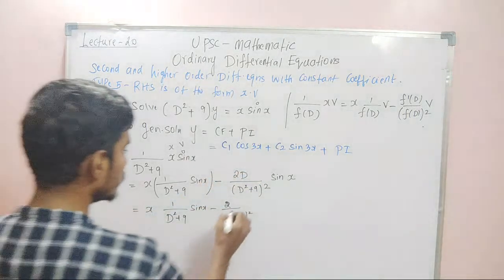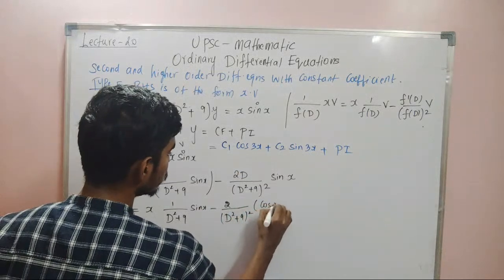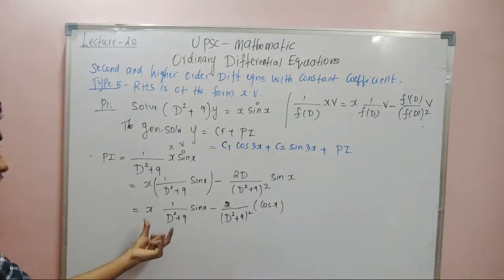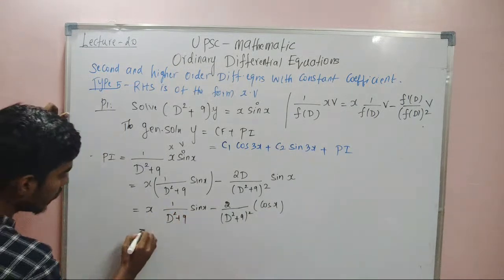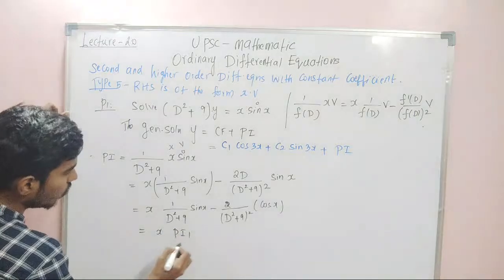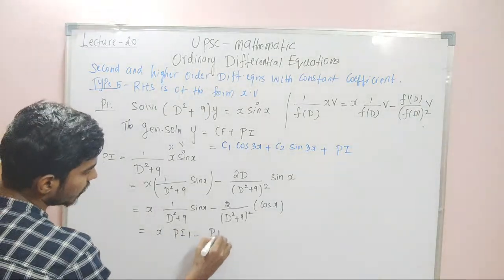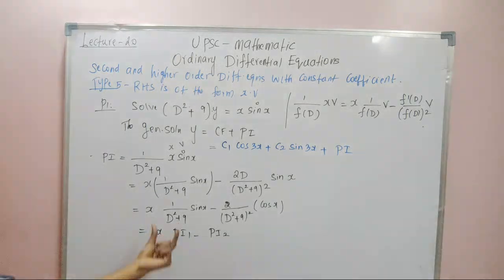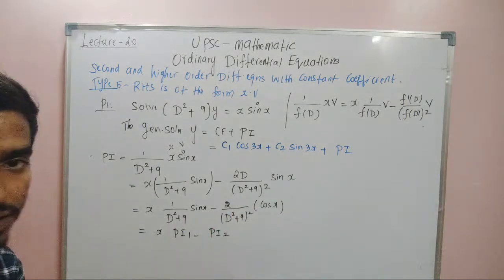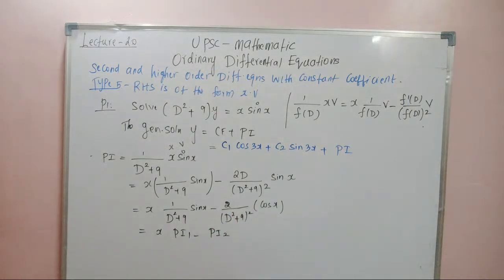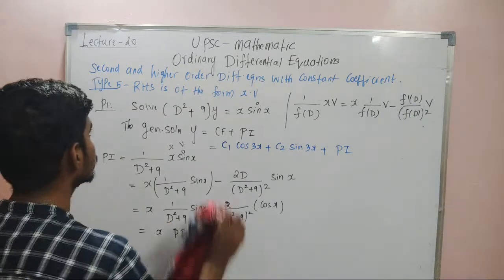D of sin x, that is the derivative of sin x, is cos x. So x into 1 by D square plus 9 sin x minus 2 by D square plus 9 whole square into cos x. I'll mark these as PI1 and PI2, where PI1 is 1 by D square plus 9 sin x, and PI2 is 2 by D square plus 9 whole square into cos x. Now we will solve PI1 and PI2 separately, and then substitute here to find the particular integral.